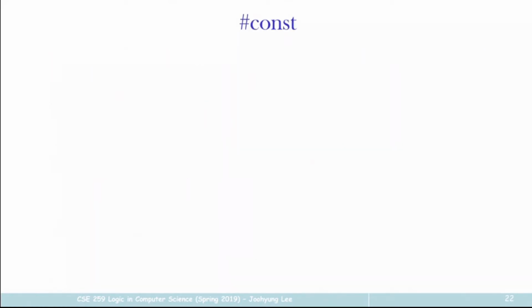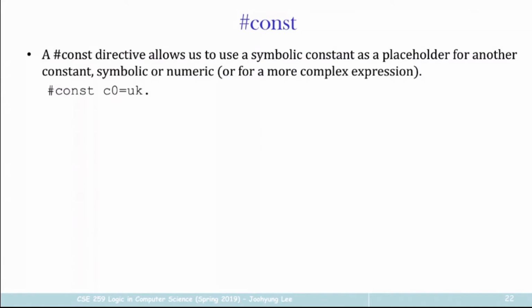All right. The next one is const. In the previous example, we had this UK as the standard to compare. However, we may want to change that, so this denotes a placeholder. We say C0 equals UK. This is in the file. Whenever Clingo sees C0 in the file, it will think C0 is the same as UK.